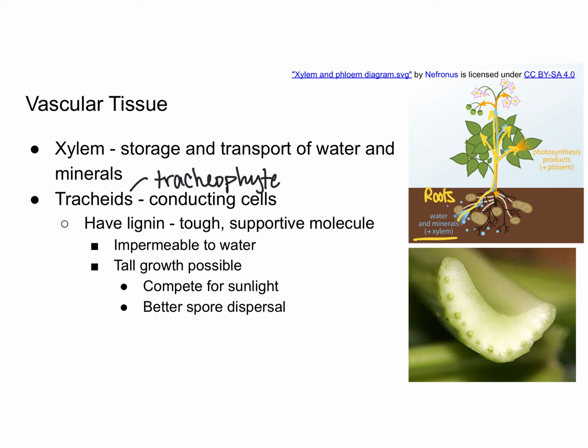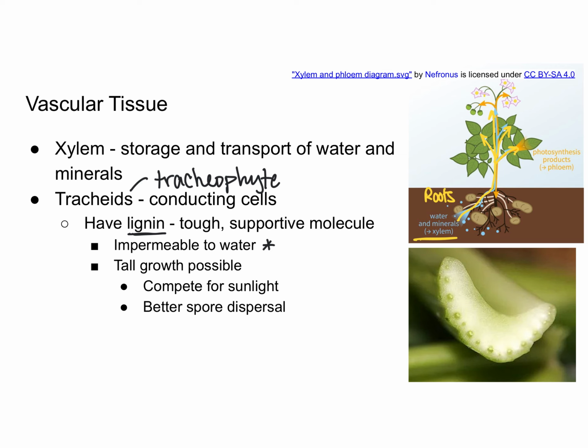And these tracheids have that tough molecule that helps to provide support to the plant. It also makes the cells impermeable to water so that the xylem can act like a straw, sucking up the water without losing water to diffusion on its way up the plant.